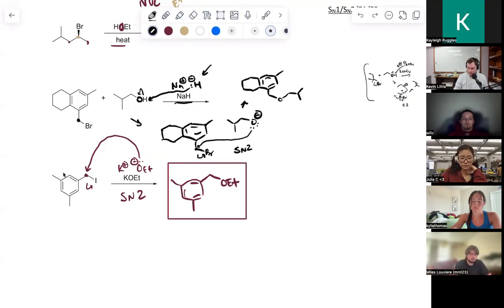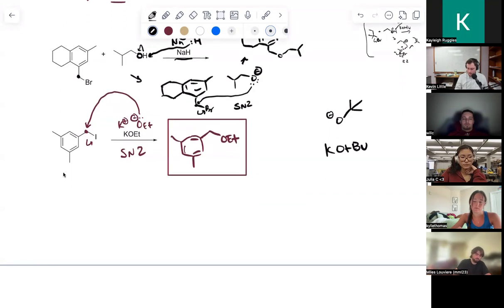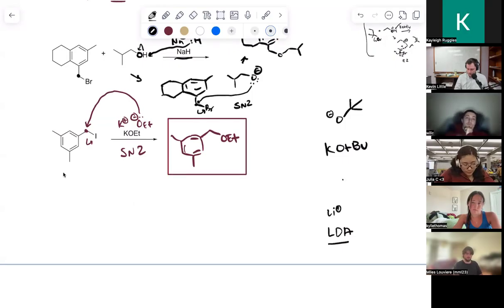So you'll see me write this a lot: it's a big bulky base. And we talked about this today a little bit. Another really common one, you'll see this pop up in Orgo 2 a lot, used as a base and not a nucleophile. It's because what this stands for is lithium diisopropylamide.